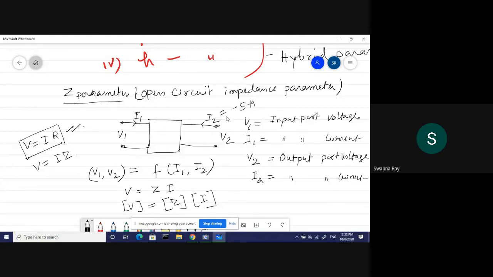If I2 is equal to 5 ampere, it is entering. If I2 is equal to -5 ampere, it means it is going out. But the convention is that we write I1, I2 both as entering the network, whatever the value may be.